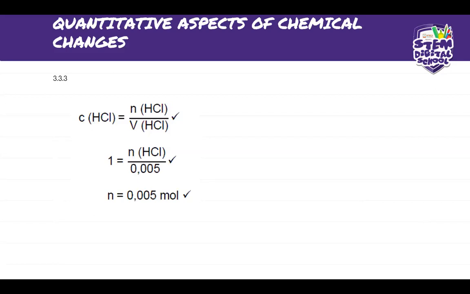Everything is given. We have our concentration, which is 1, and we have our volume, which is 0.005. So our number of moles in this case is 0.005 mole. Do you guys understand? It sounded very tricky, but if you just write down what you have, it gives you a very simple answer.